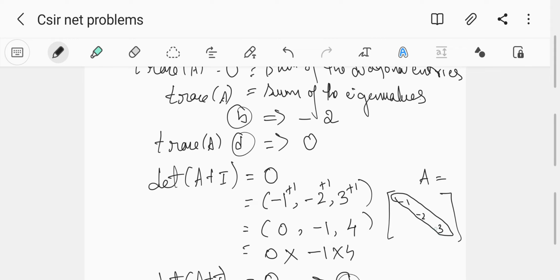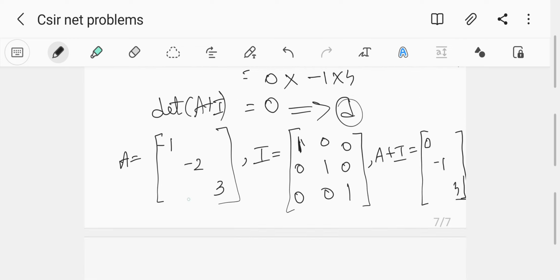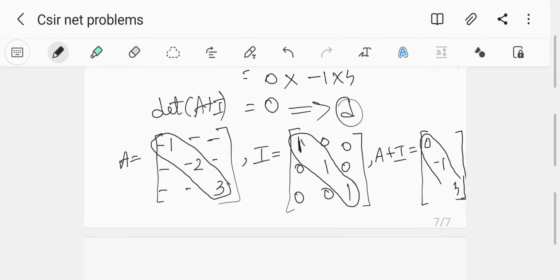Also, when you add the matrix A with I, this is the matrix A and this is the matrix I. We are not bothered about the other elements of the matrix A. We need only the diagonal entries of A and, in the identity matrix, only the diagonal entries. So when you add A plus I, we get 0, -1 and 4.